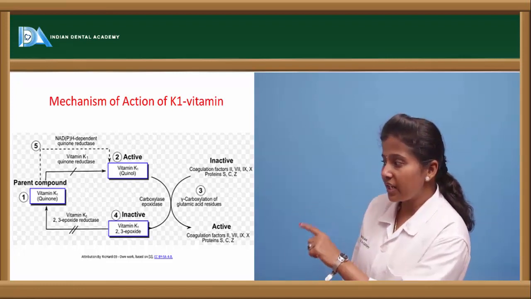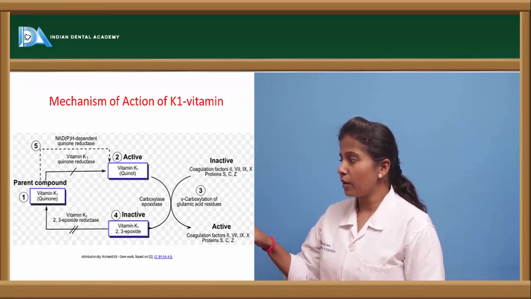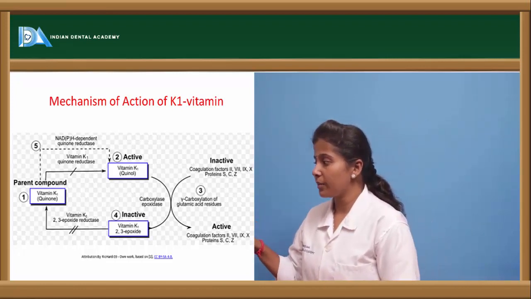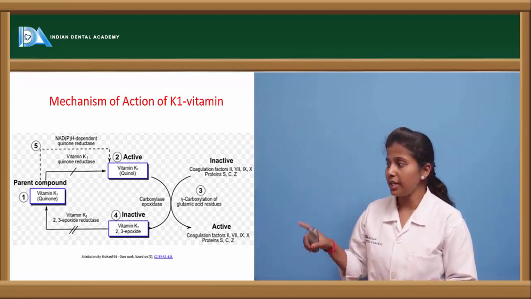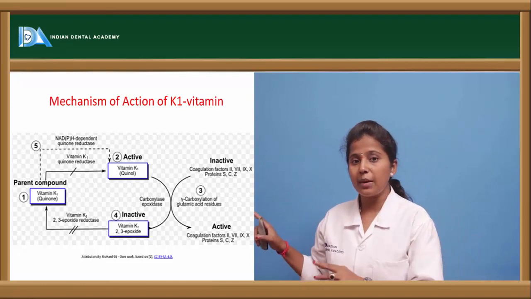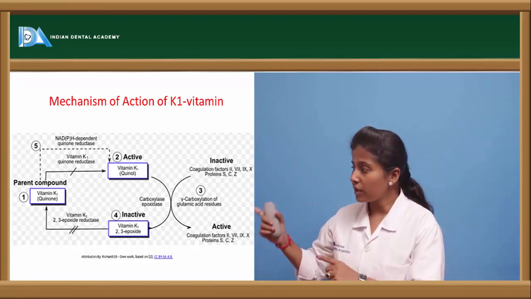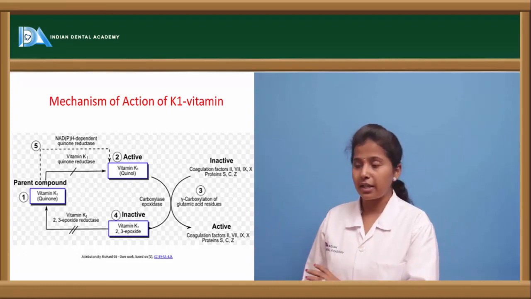Here, from vitamin K1, that is quinone, the form is converted with the help of an enzyme called vitamin K1 2,3-epoxide reductase, where vitamin K1 2,3-epoxide is converted to quinone, and the quinone is further converted to quinol, which is an active form.